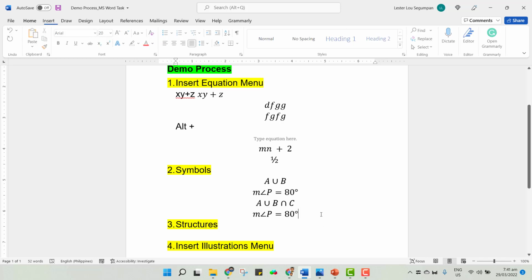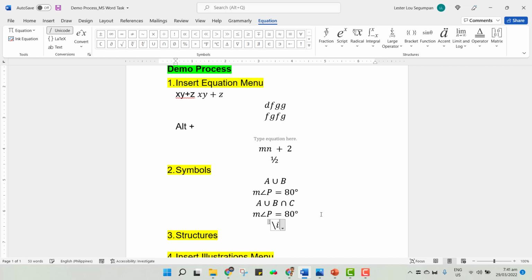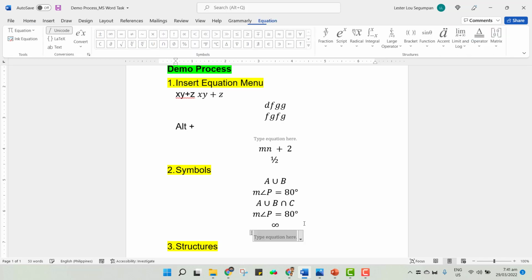You could also have shortcuts for others. Alt plus equals, forward slash infinity, space bar, infinity. Another is not equal: forward slash ne or neq, space bar. You also have the shortcut.